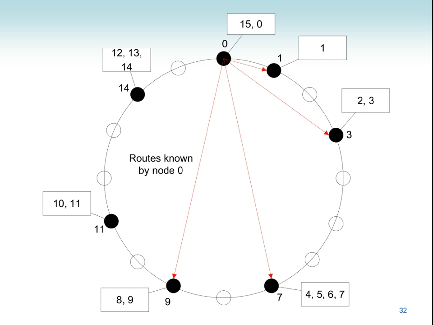But in fact, we only have routes to these nodes, just 3 in this case. So in fact, we join these together to reach, find key 2, 3 or 4, send to node 3, 5, 6, 7, 8, send to node 7, and so on. 9 to 0, send to node 9.